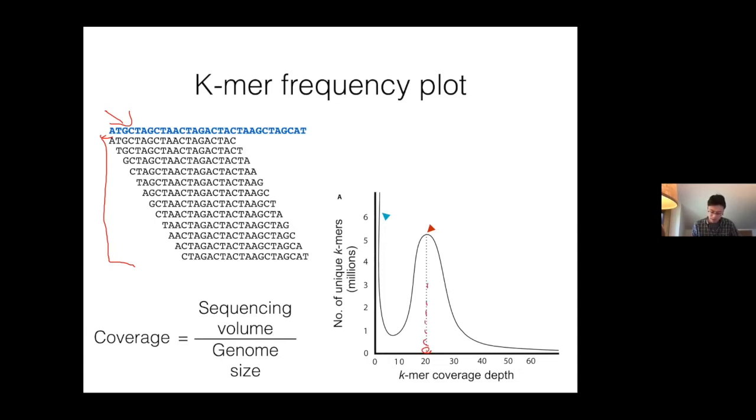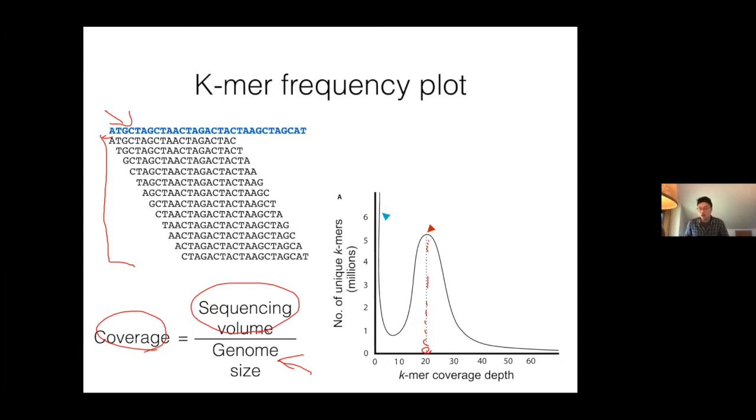And here it shows that most of the k-mers appear roughly 20 times, which implies that the coverage is around 20x. Coverage is a measurement of sequence volume, how much data you generated, divided by your genome size. So if you know the coverage and how much data you generated, you can infer the genome size based on the sequencing results.